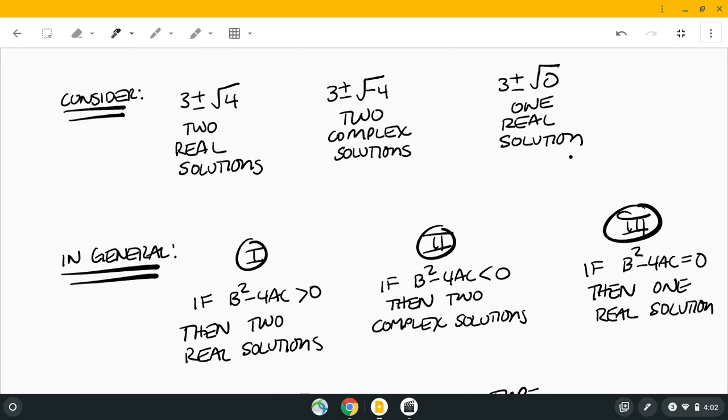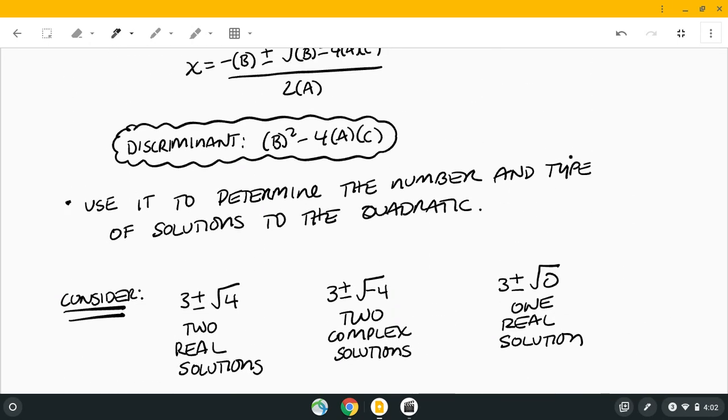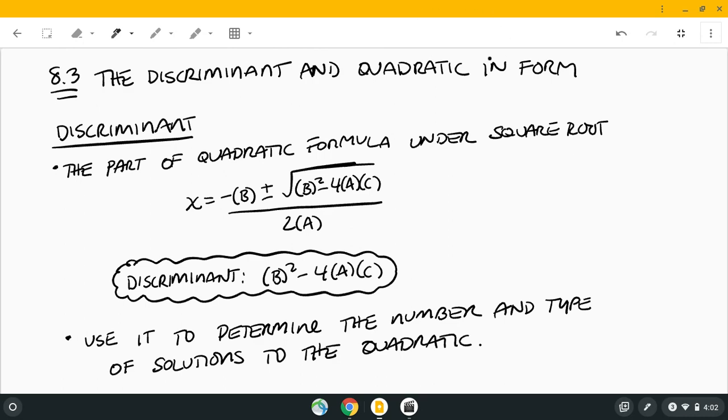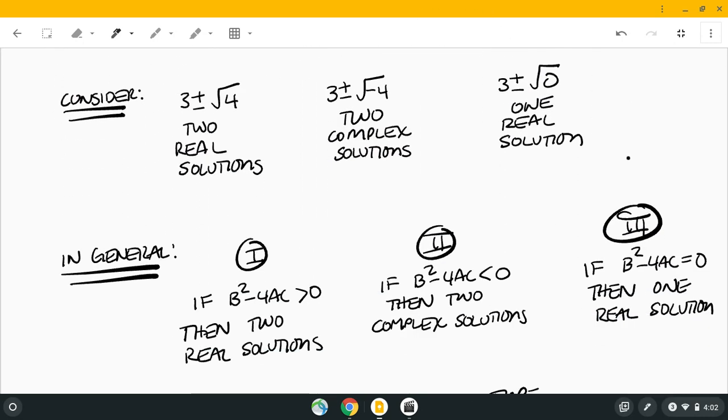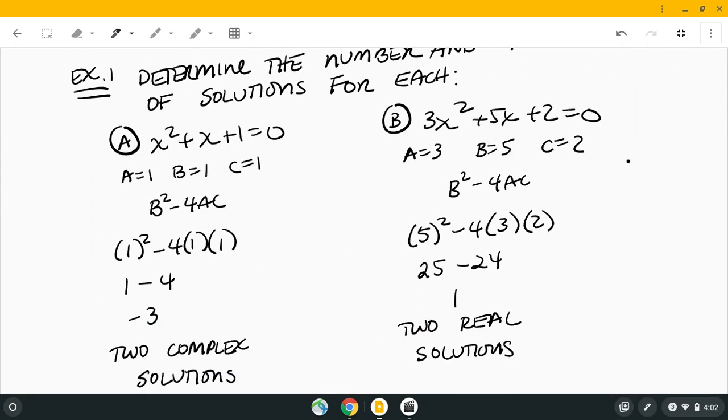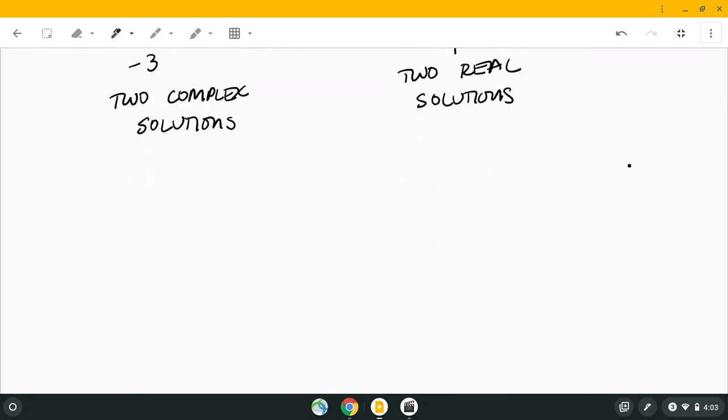All right, so let's talk about the second topic in this section, quadratic in form. So quadratic equations that are quadratic in their structure.